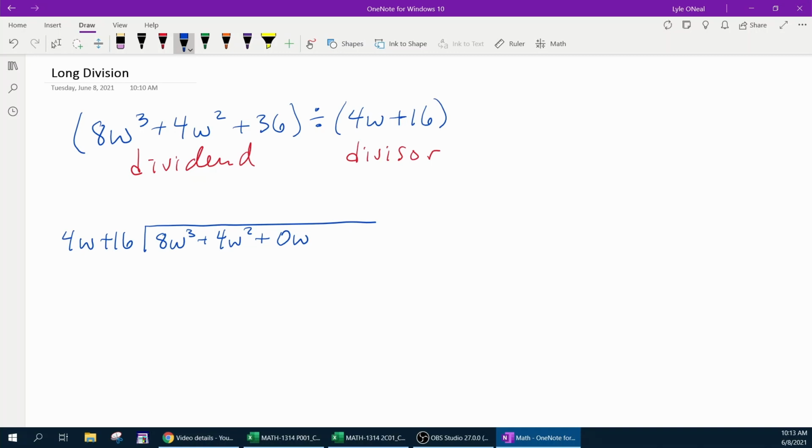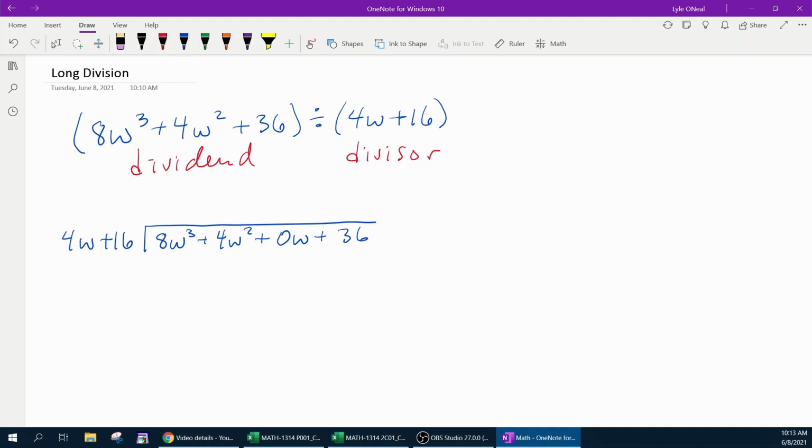I put 0w because there are no w's. 0 of those means none of those, but I do need a placeholder. And then the constant. So I've got w to the third, second, first, and 0. Every term is now represented.